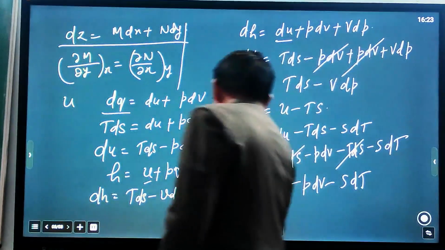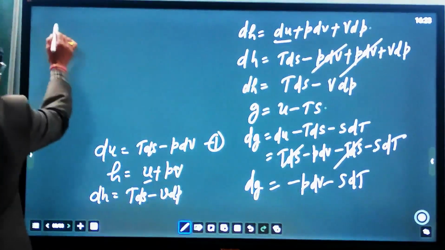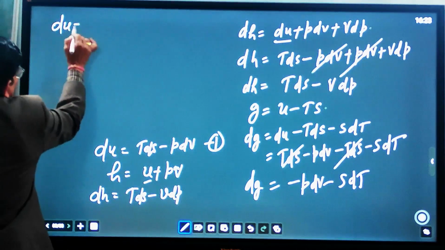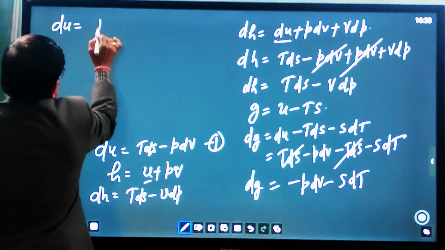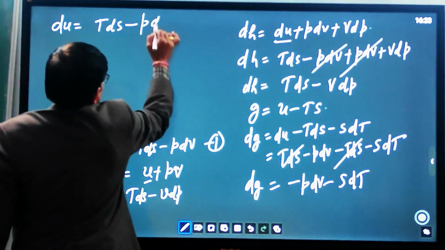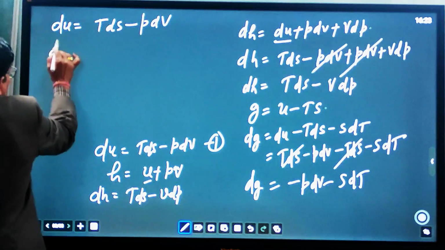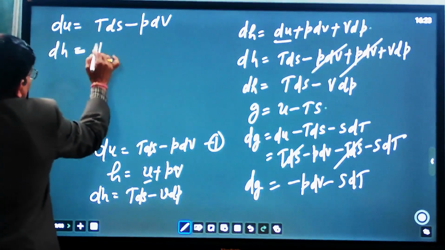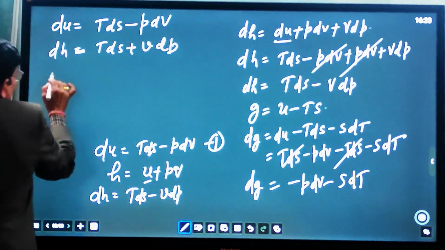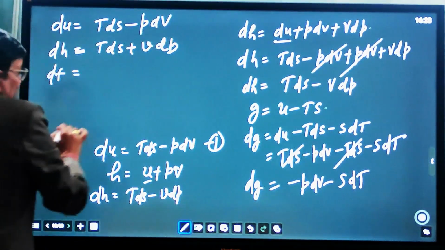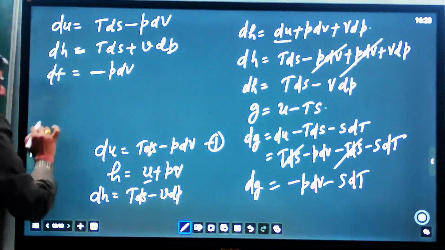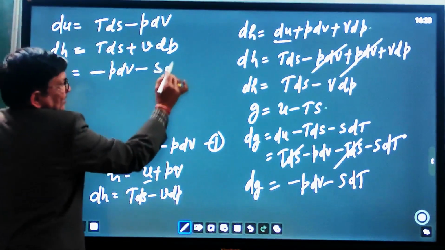Writing all these thermodynamic equations. First one is du equal to TdS minus PdV. Second, dH equal to TdS plus VdP. Third one, dF equal to minus PdV minus SdT.